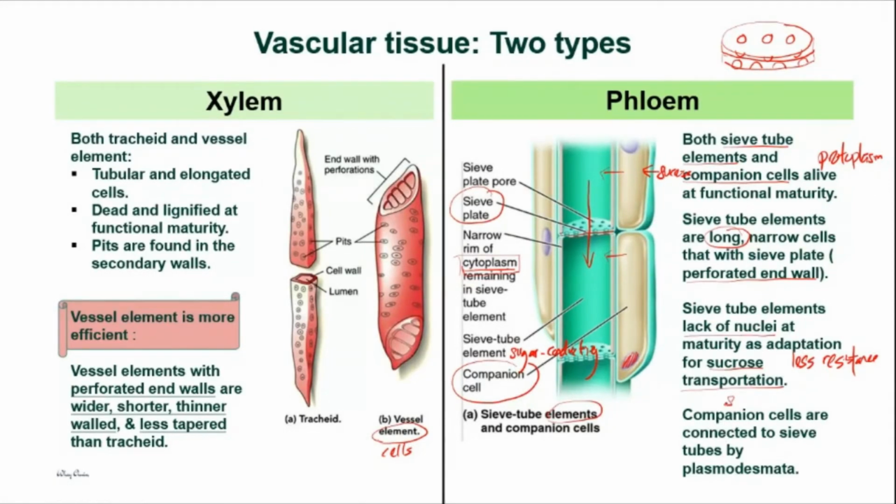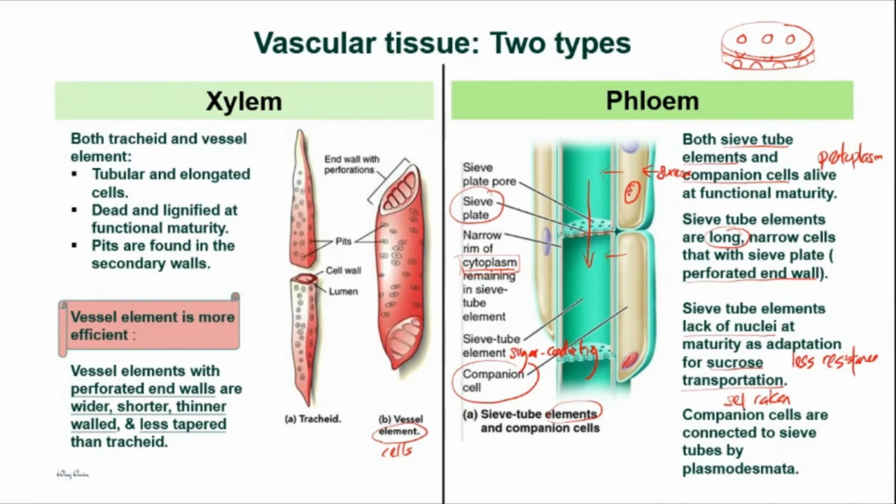Tetapi mengapakah kita ada satu lagi sel yang living diberikan nama companion cells? Sebab dia merupakan sel rakan ya kepada sieve tube element. Sieve tube element dia tidak boleh mainkan fungsi dia in the sucrose transportation kalau dia tak ada sucrose. So macam mana sucrose boleh diangkut ke dalam sieve tube element ini?